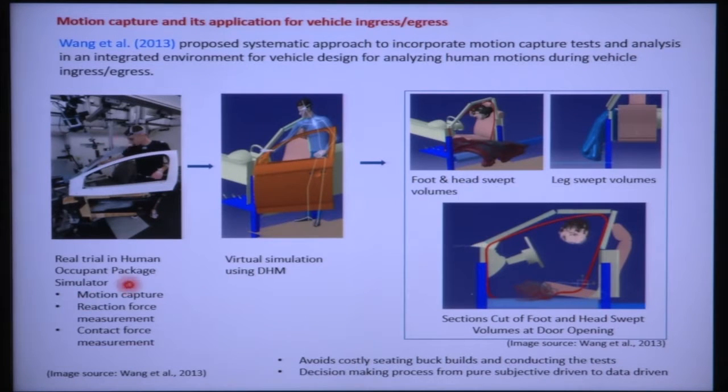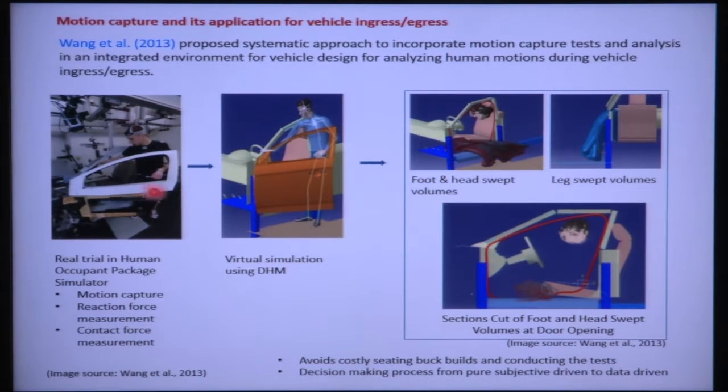In the study they used the motion capture system, at the same time a reaction force measurement system and a contact force measurement system. All these they used to get different types of kinetic data, kinematic data as well as contact force data. The motion capture data they transferred to digital human modeling software, that is CATIA.